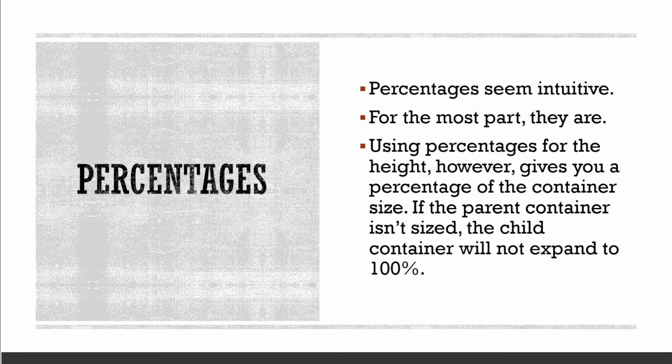Percentages for height are a little bit weird, which is why I prefer to use min height and still use a more static value type in that instance. Because if we say 100%, it's always going to be 100% of the viewport regardless for height.